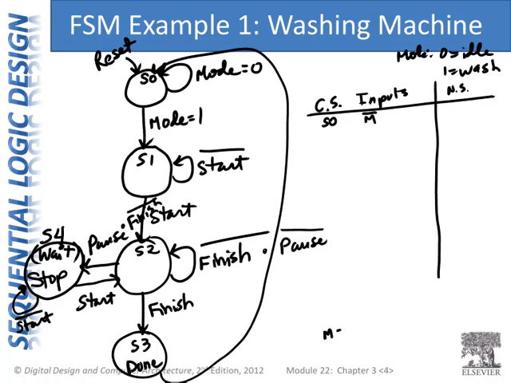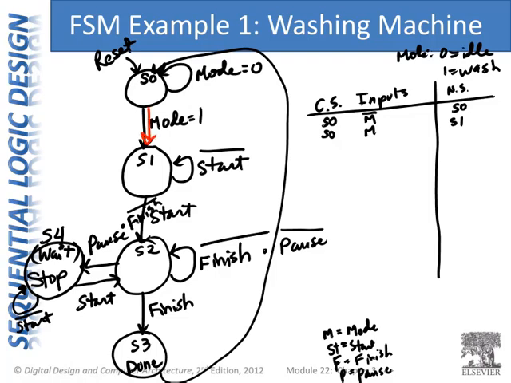So M equals mode, just to make it easier to write. ST equals start. F equals finish. P equals pause. So if we're in S0, mode is 0, then our next state should be S0 again. So here's this transition. If current state is S0 and mode is 1, the next state should be S1.